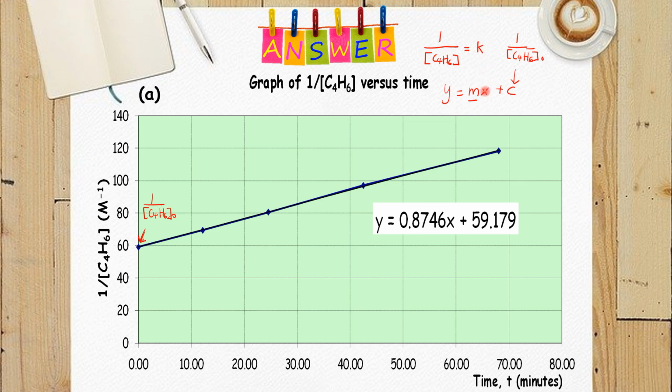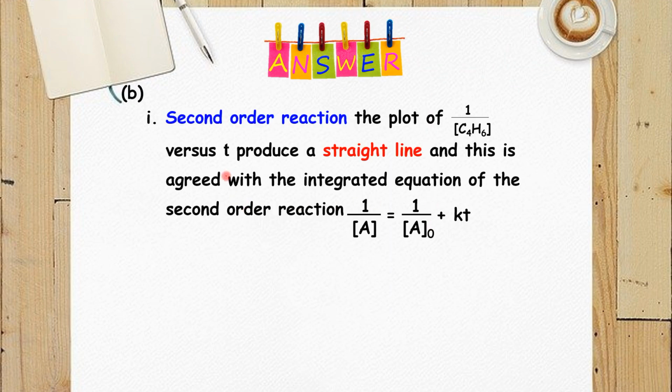Okay, and then x is referred to as t. So actually we will get this formula, this integrated rate equation. Right. So this is how you can explain. So this is second order. Okay, because it produces a straight line, and this agrees with the integrated rate equation for the second order.